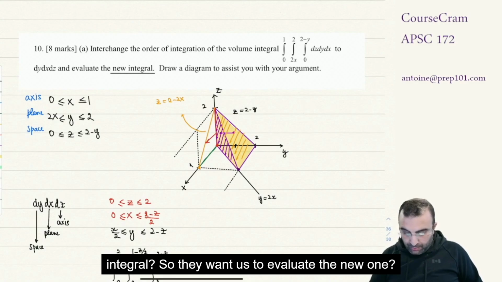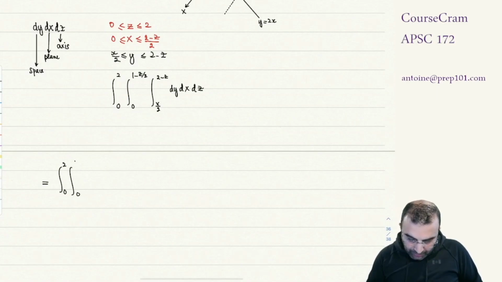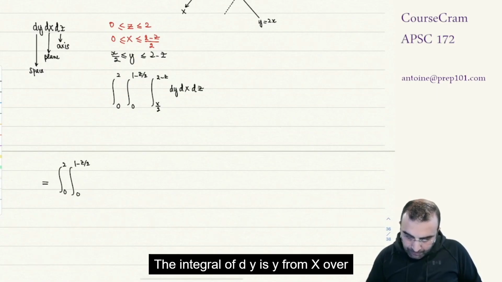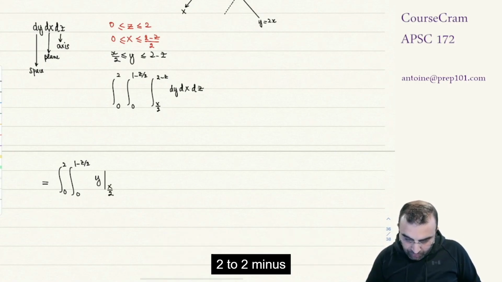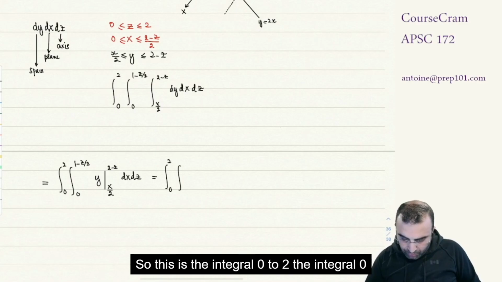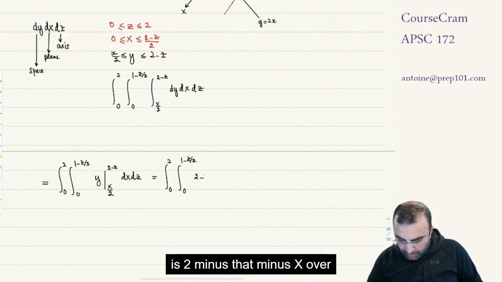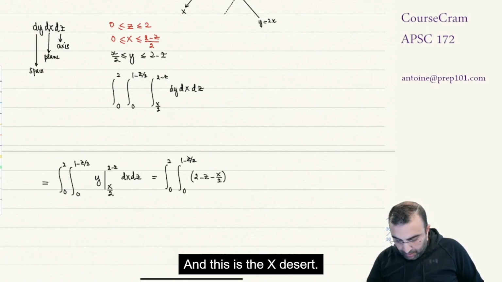They want us to evaluate the new one. So the integral of dy is y from x over 2 to 2 minus z. This is dx dz. So this is the integral 0 to 2, the integral 0 to 1 minus z over 2, of 2 minus z minus x over 2, dx dz.